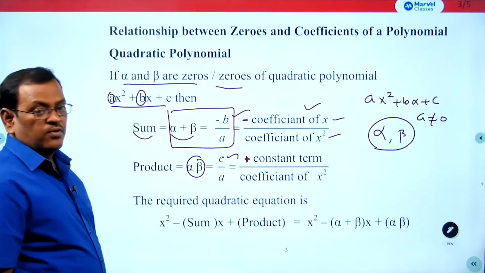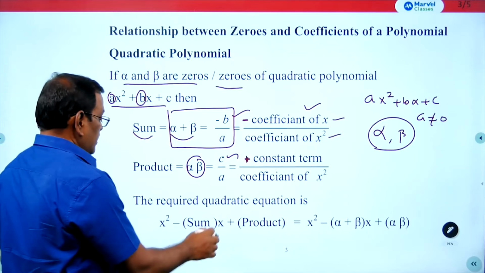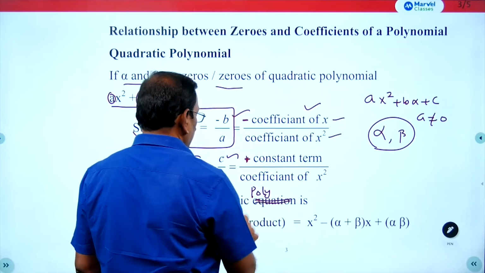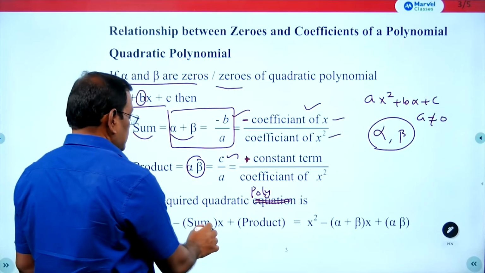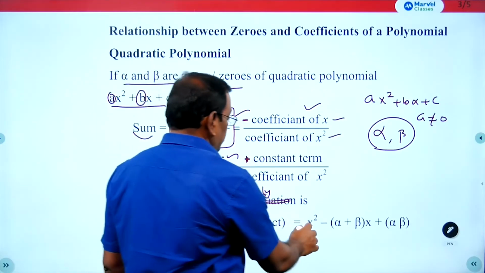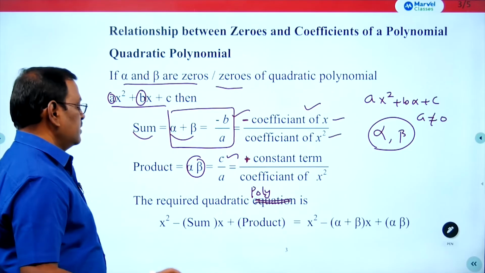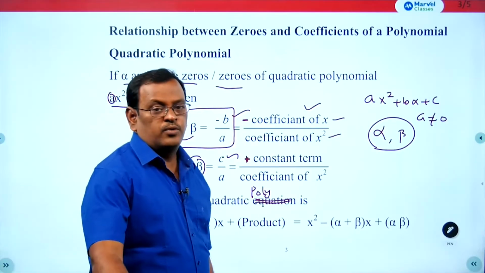And for the formation of a quadratic polynomial, the required quadratic polynomial is x square minus (sum) x plus product, or simply x square minus (alpha plus beta) x plus alpha beta. This is a very important concept for the board exam.